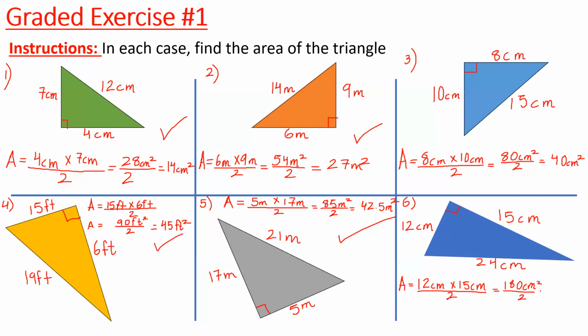And 180 centimeters squared divided by 2 is what? 90 centimeters squared. Very good. Perfect.